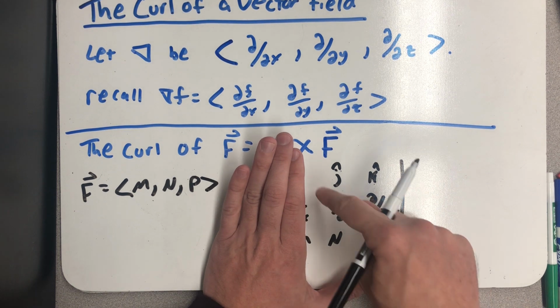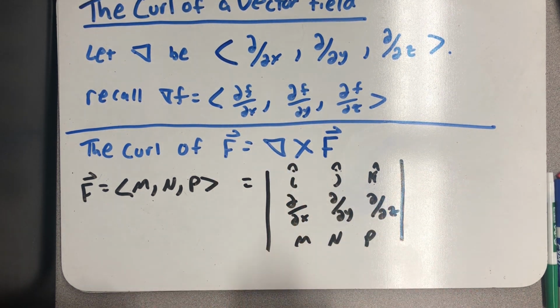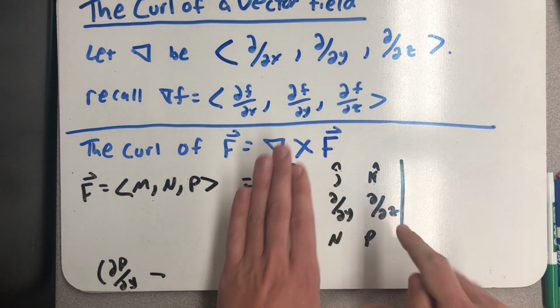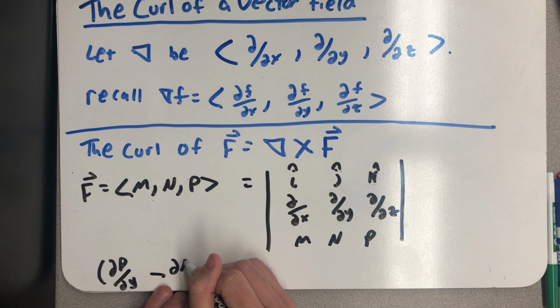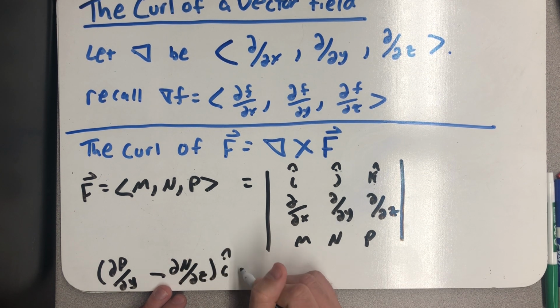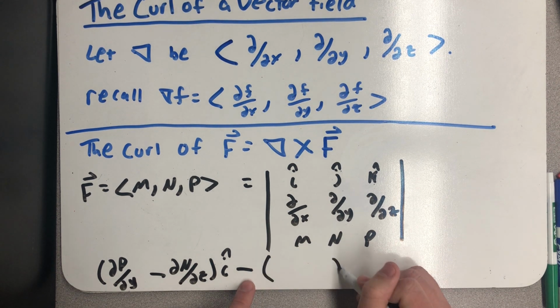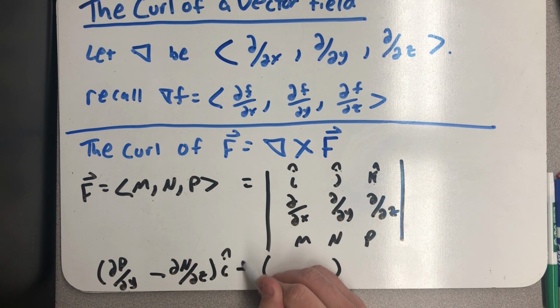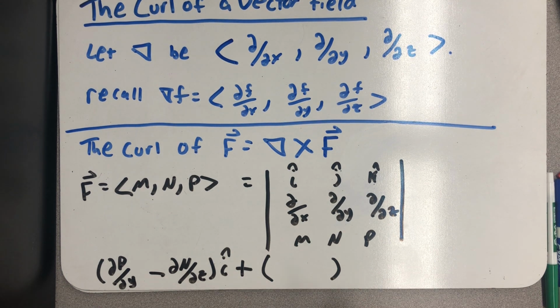All right, so in the i component, I have the partial of P with respect to y minus the partial of N with respect to z. In the j component, I would have a minus, and then I cover up that row and do my partial. I want it to be a plus though, so I'm just going to change the signs as I go.